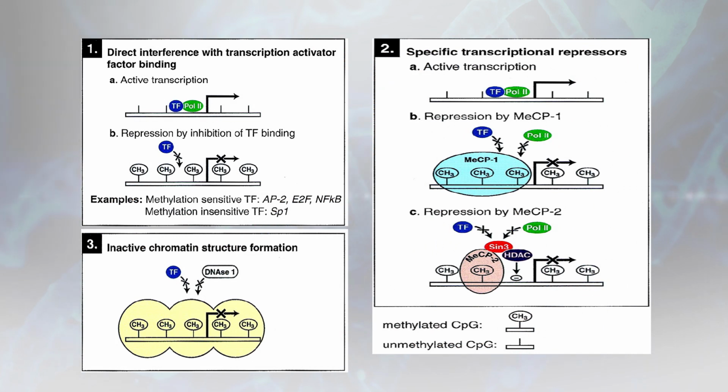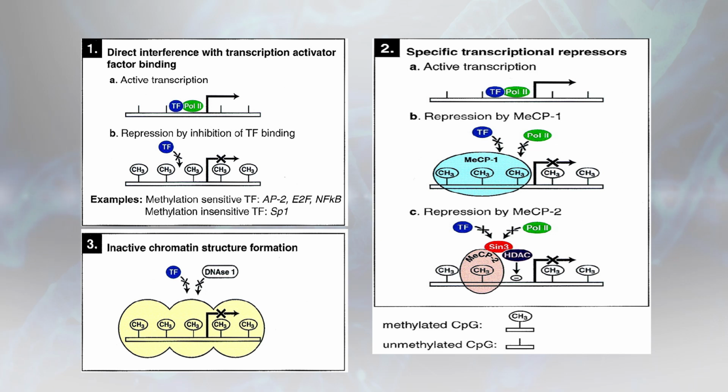Now the mechanism of gene silencing, as we say, methylated and unmethylated. The first graph shows that methylation suppresses transcription by methylating the cytosines. In the second, you can see they invite a repressive complex, which we call the MeCP1 or MeCP2 complex.